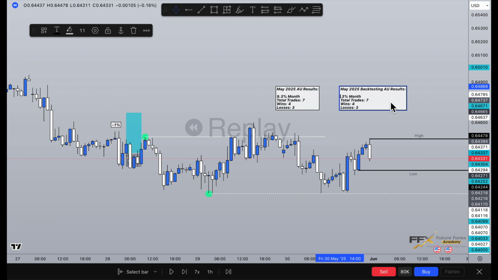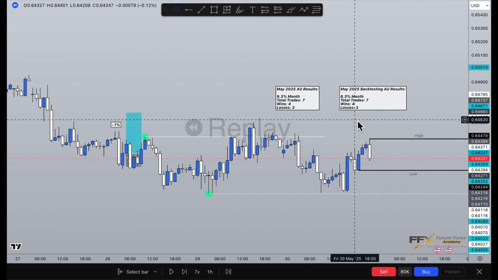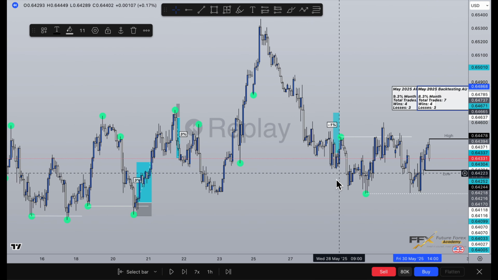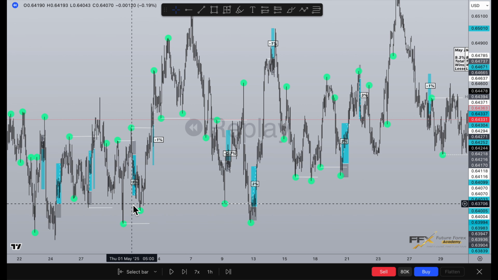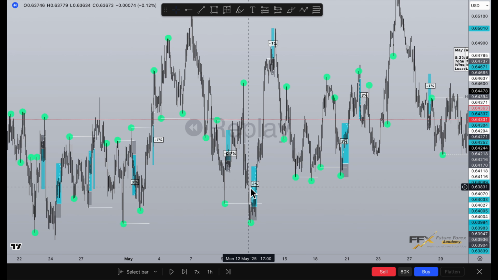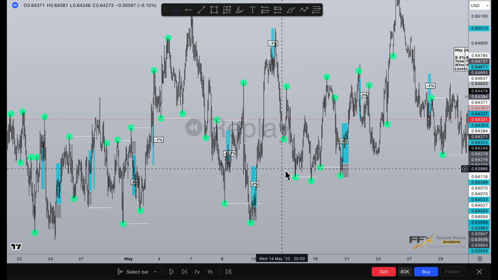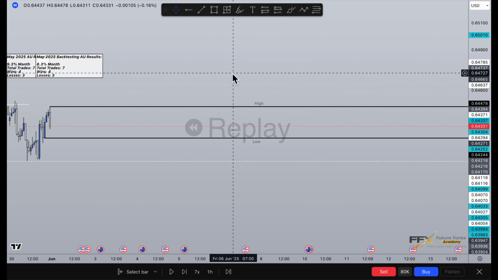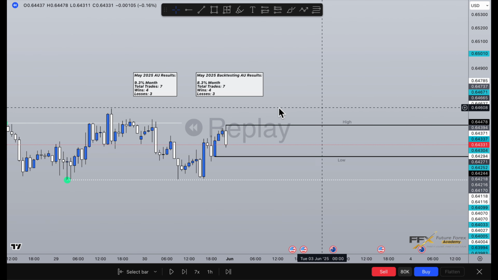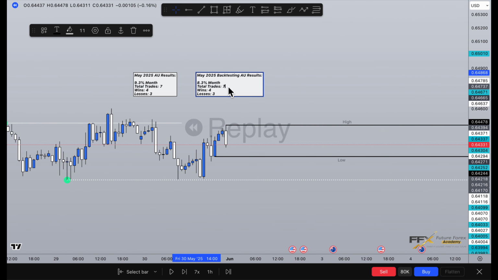So we ended up on less than we actually made in the live market. So I just want to quickly see how many trades did I take. Let's just quickly look at that. 1, 2, 3, 4, 5, 6, 7, 8 trades. So I actually traded more in the backtesting than I traded in the live market.